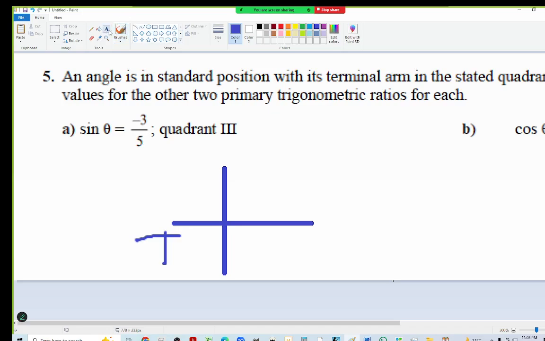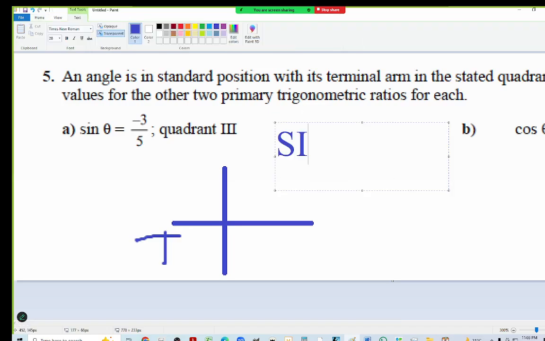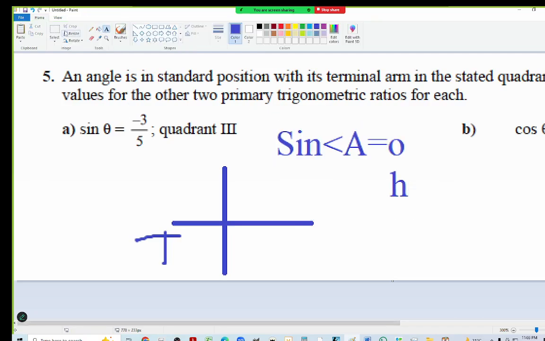Now, what does sin tell me about the sign of something? Sin is the O over the H, the opposite divided by the hypotenuse. Over here, they've given me -3 and 5.